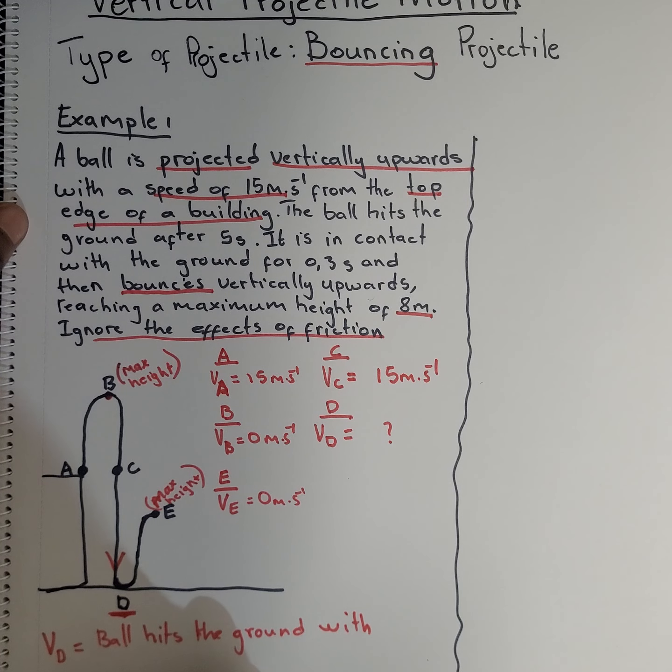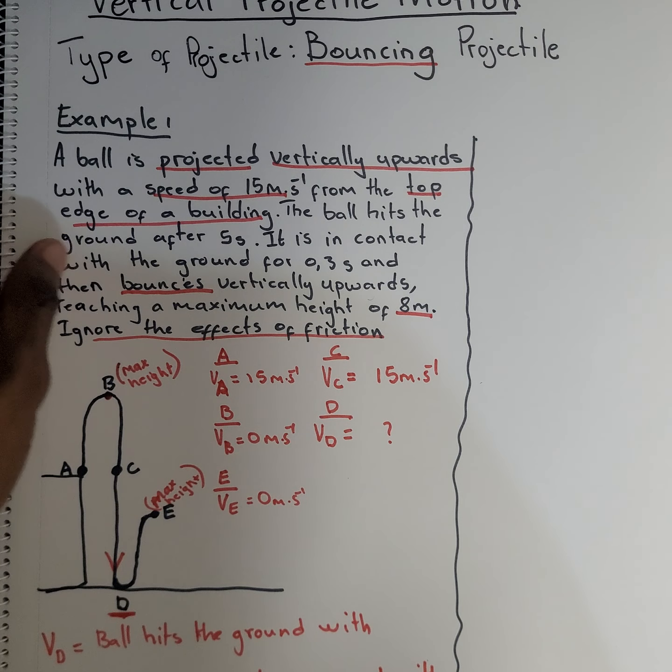And also at point D, there's another velocity with which the ball leaves the ground.